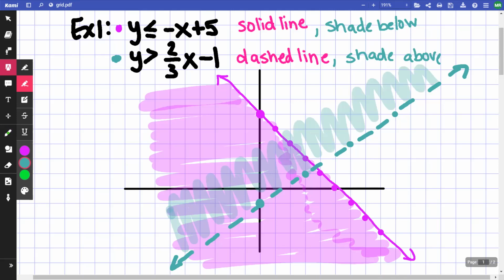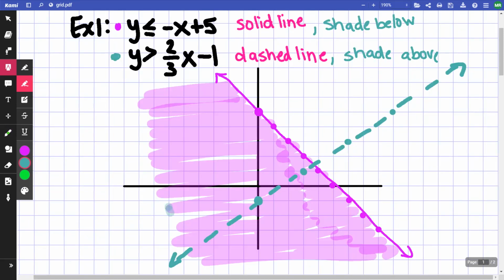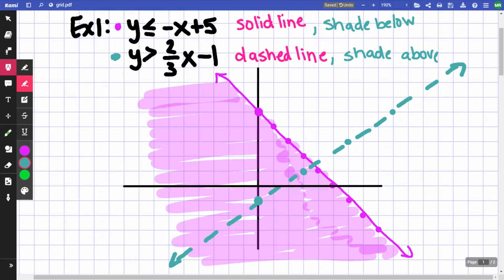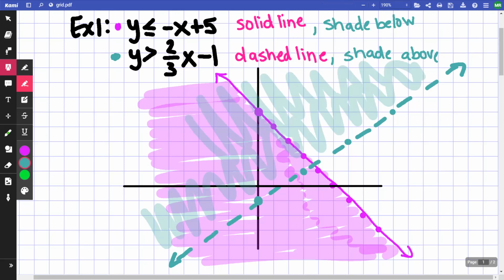And so when I'm shading, I'm looking to see where I have both colors.